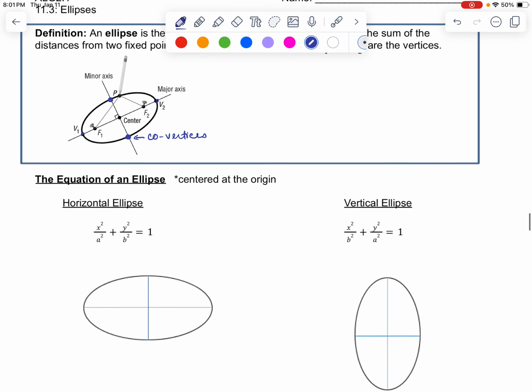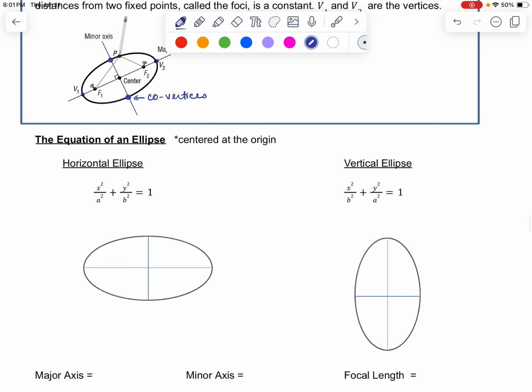Okay, so let me label some things in this picture for you. Let's pretend that this coordinate grid lands right here with our center at (0, 0). In this picture, this vertex lands at the point (a, 0). That a value defines how far out the, if you will, radius stretches to the left and to the right.